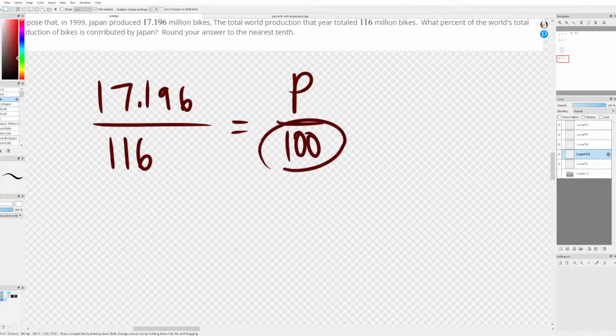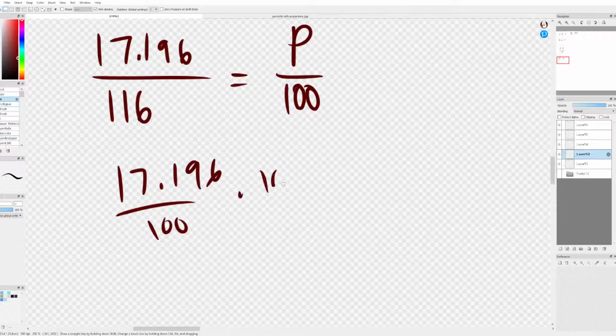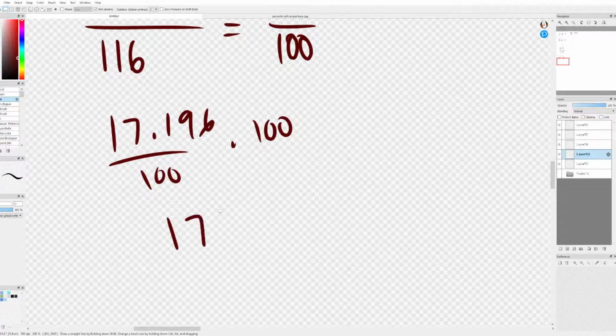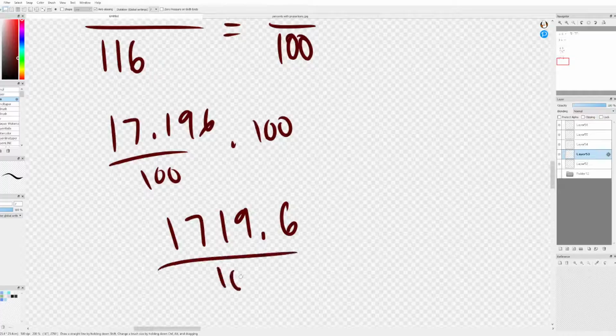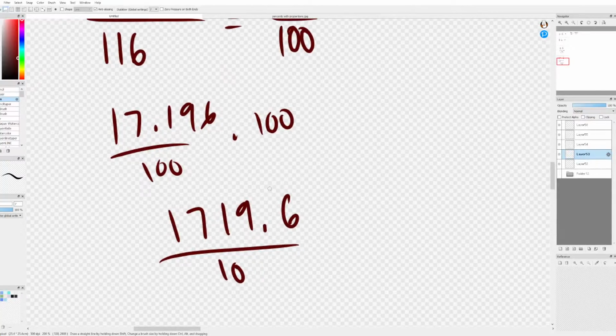So then we can times 100 by both sides to get P by itself. So 17.196 over 100 times 100 is equal to 1719.6 over 100, basically. No, I did something wrong. My bad.